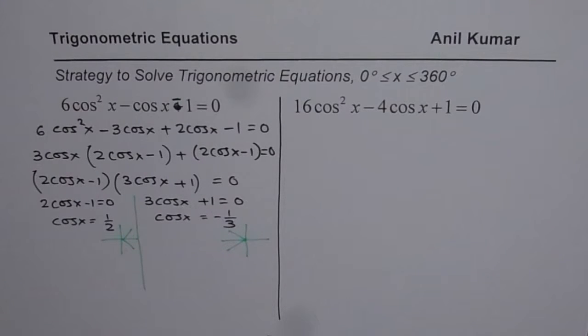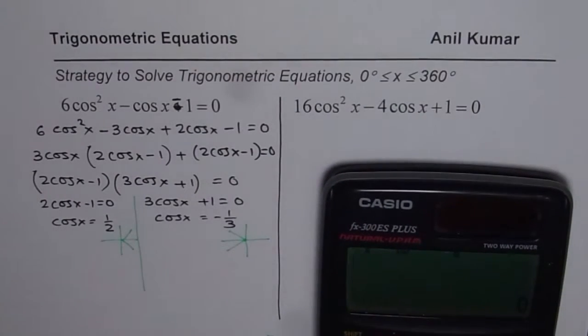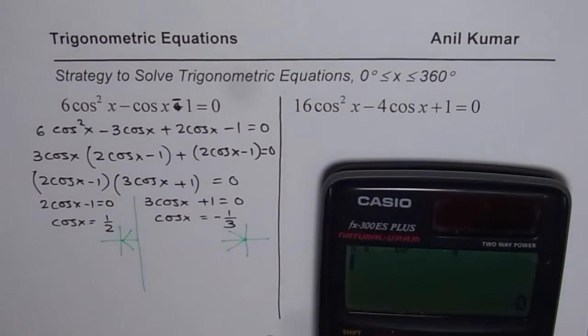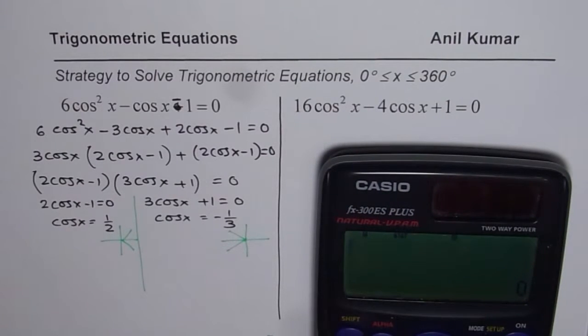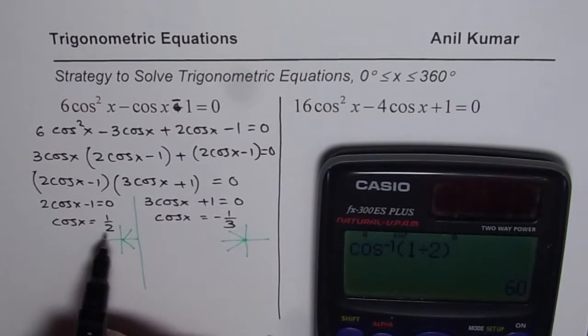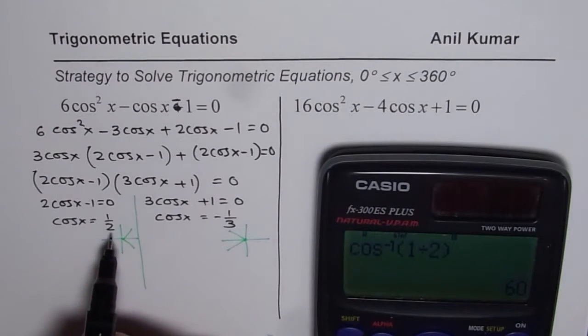Now for half, we know we could use special triangles. We can use, let me change the mode to degrees first, and then we can use calculator also. So we can say shift cos inverse of half, which is 1 divided by 2. So we get 60 degrees, which you could have got from special triangles also, 30, 60, 90.